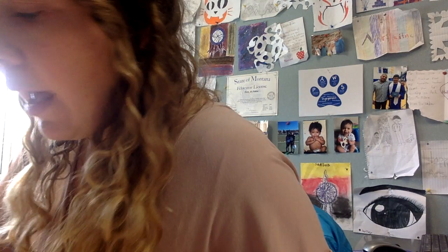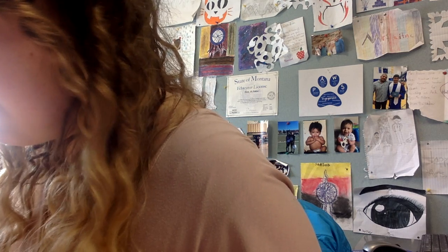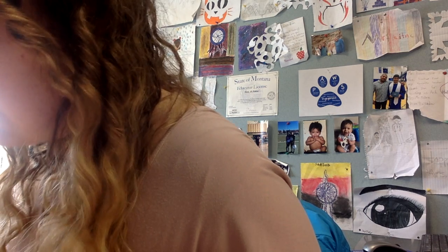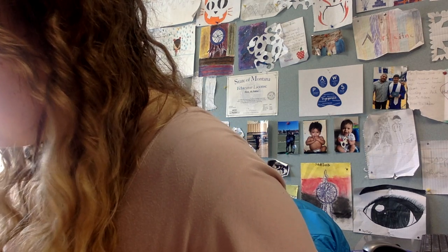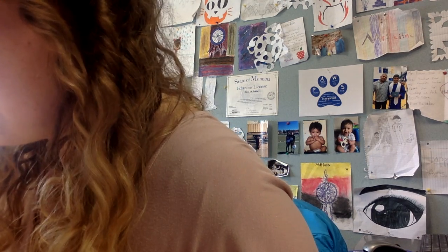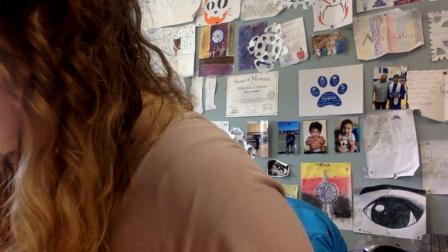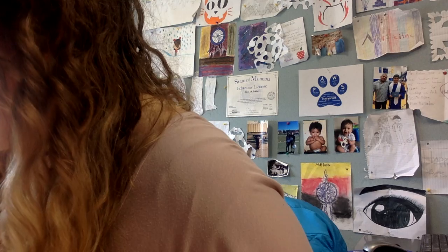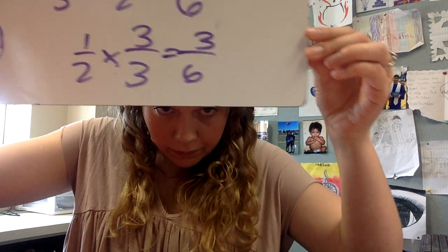So to do that, I'm going to multiply 2/3 by 2 to get 4/6, and then 1/2 times 3 to get 3/6. So my new problem is 4 4/6 minus 3 3/6. Showing that work really quick for you.